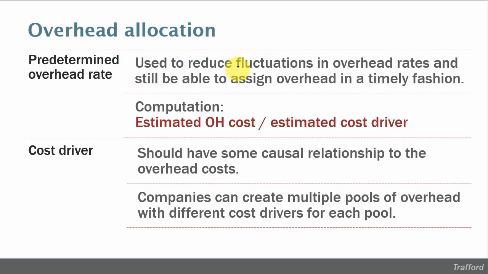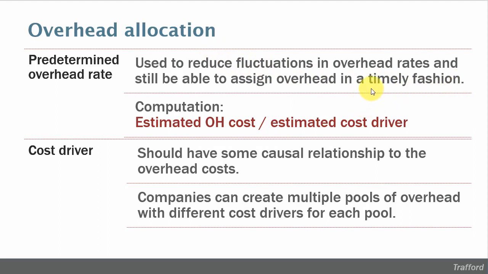They'd rather have one even overhead rate for the year to smooth out fluctuations in things like utilities cost and also fluctuations in production. They could still get an average overhead for the year, but that would require waiting till the end of the year to apply any overhead to their production, and they don't want to do that either. They need to be able to cost their products in a timely manner. So for that reason, they compute a predetermined overhead rate.